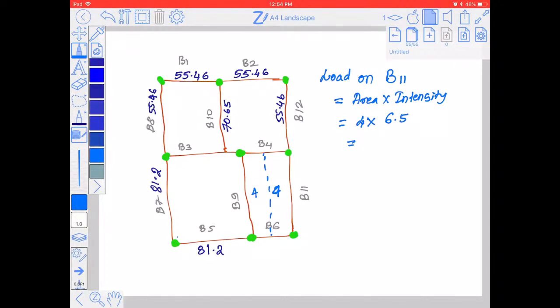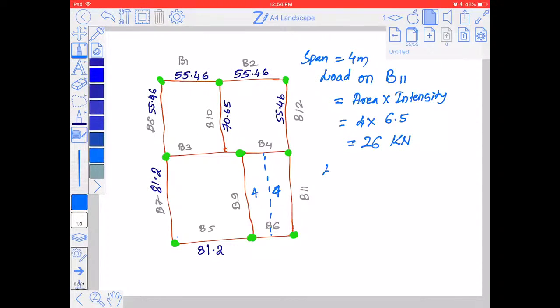Already we have calculated 4 into 6.5. How much it is? 26 kilonewton. And the span of beam is equal to 4 meter.